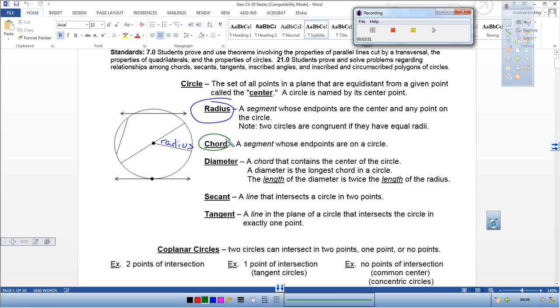A chord is a segment, that's kind of important, whose endpoints are on a circle. So this is what we call a chord. Diameter is a chord that contains the center of the circle. And then the length of the diameter is twice the length of the radius. So this is the diameter.